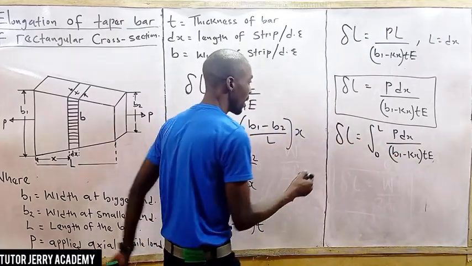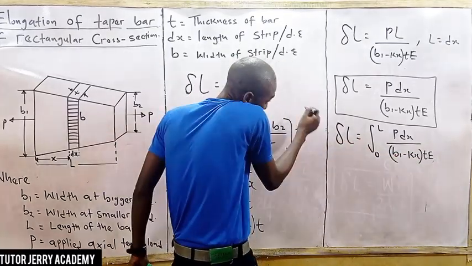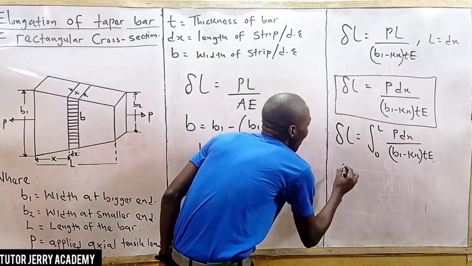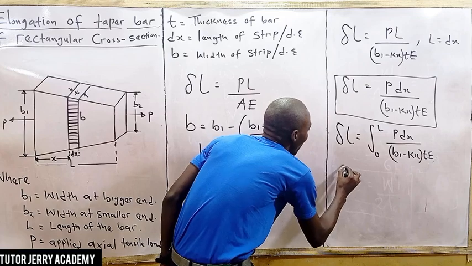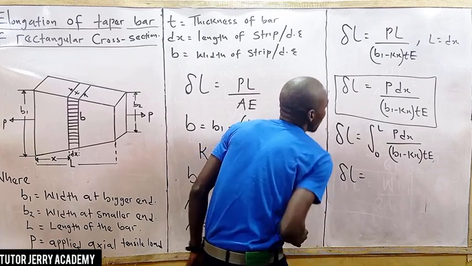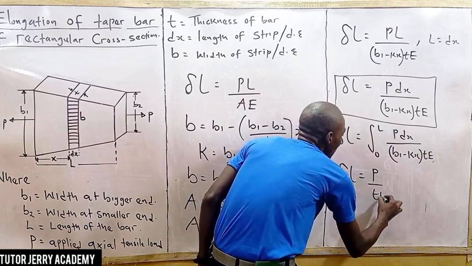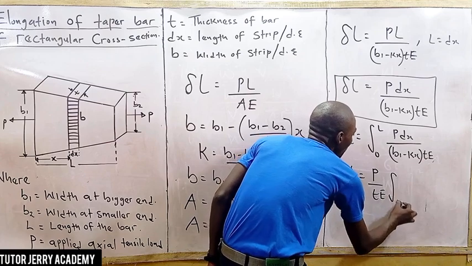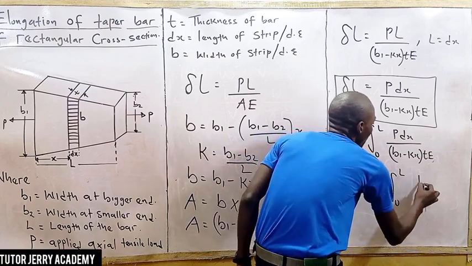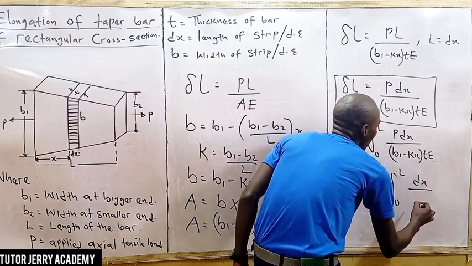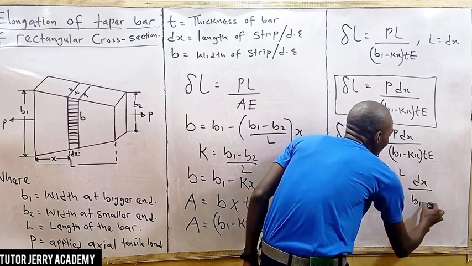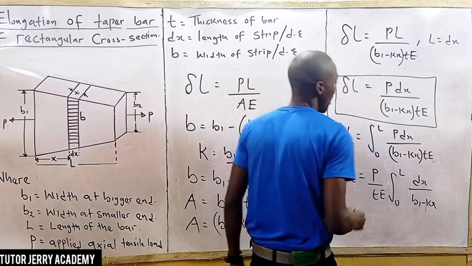We take it to the front of this equation, then we have L equals P all over T E, then integration from 0 to L of dS all over B1 minus KS.